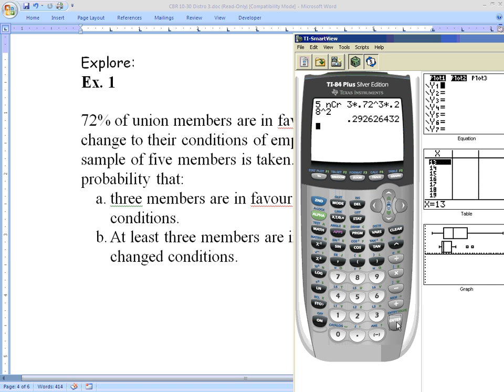And that would be an example of a binomial distribution using the formula.